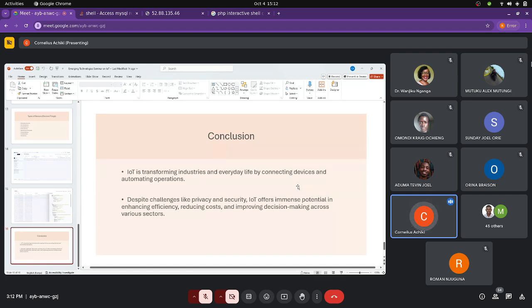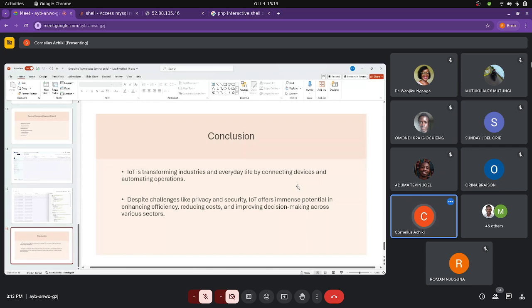We have so many people with great ideas, and the only limit that we might have is thinking that we cannot do it. So despite the challenges I've talked about, the privacy issues, the security issues, the interoperability issues, IoT is able to make our lives much easier and way more efficient in running our organizations or even our personal lives.